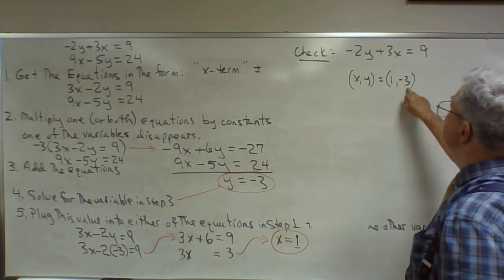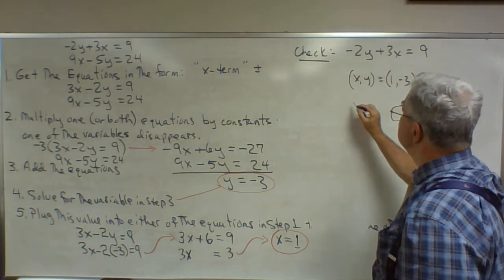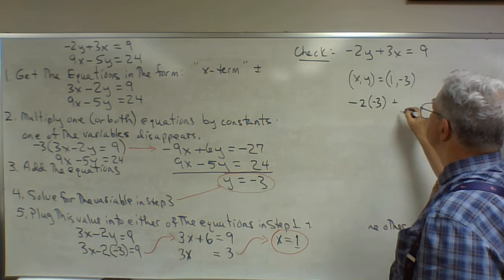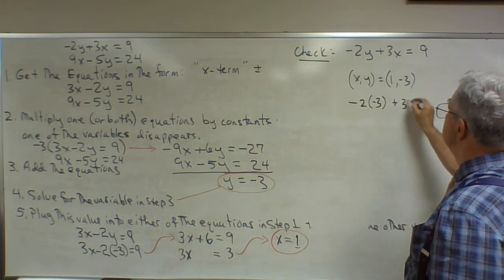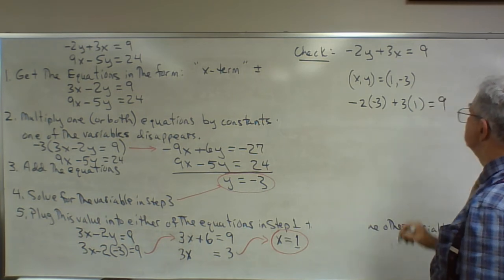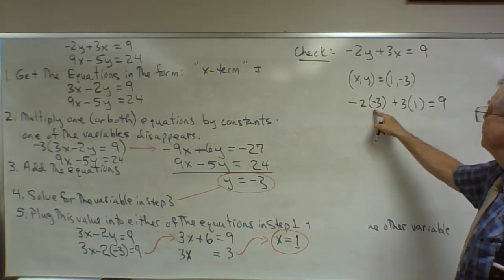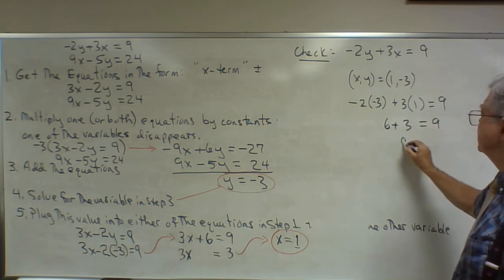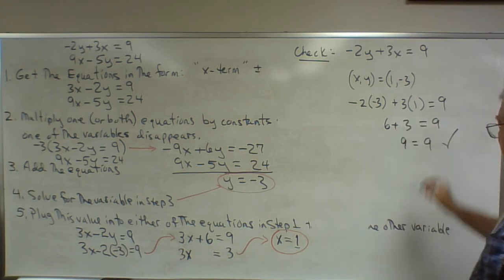And we put negative 3 in for y, so that will give us negative 2 times negative 3 plus 3x, x is 1, equals 9. 6 plus 3 equals 9. 9 equals 9. Okay, check.